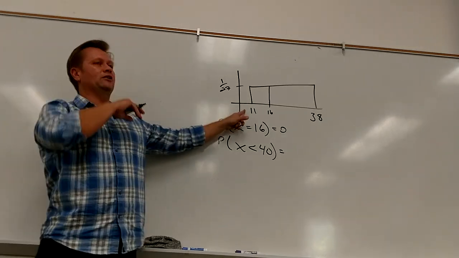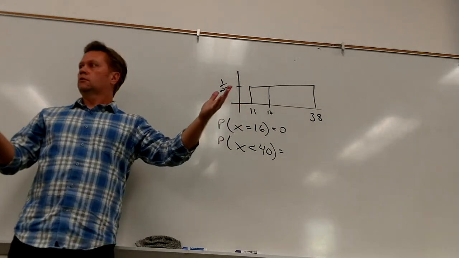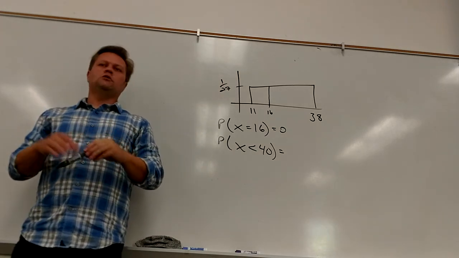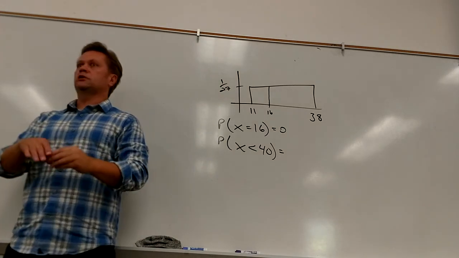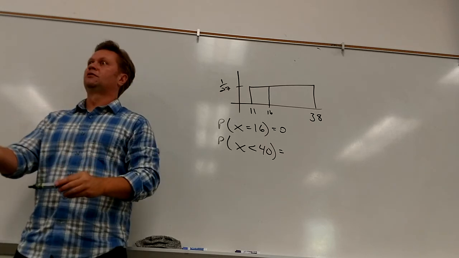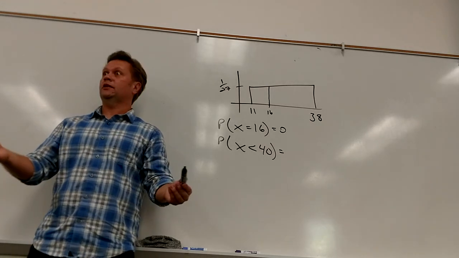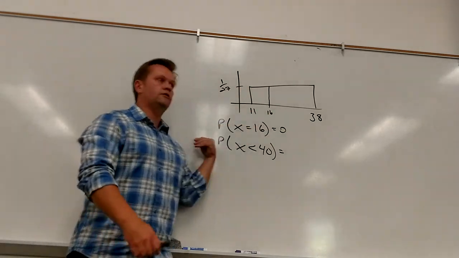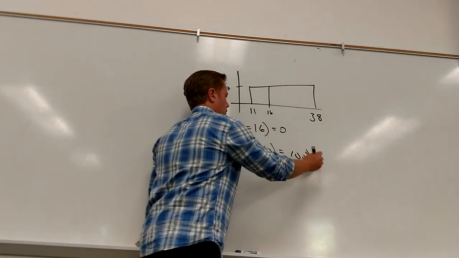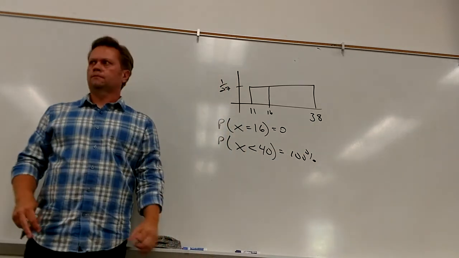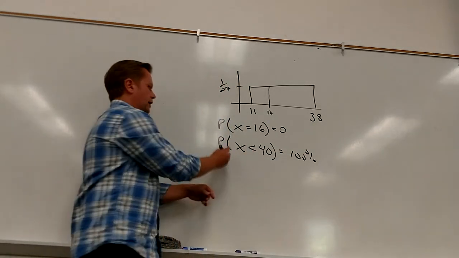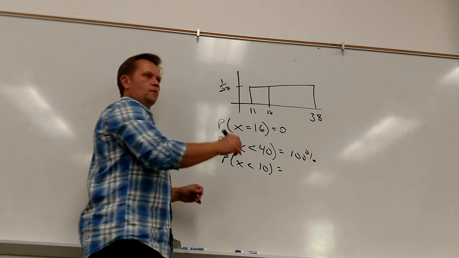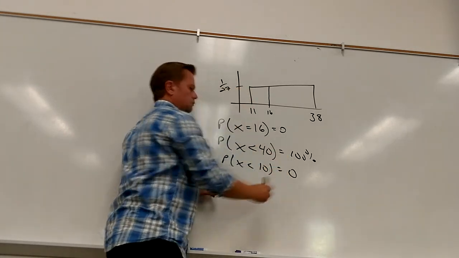If I said x greater than 10, same idea. If I said you roll a normal die, what's the probability you get more than 0? Like 100%. They're all more than 0. Same idea. They're all more than 10. They're all less than 40. It's 100%. Now, if I would have said probability x less than 10, what would that be? There's nothing out there. 0.